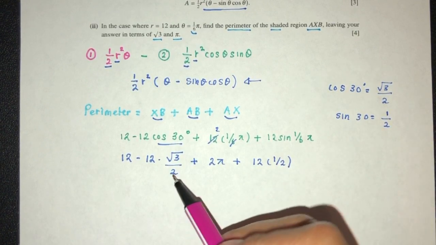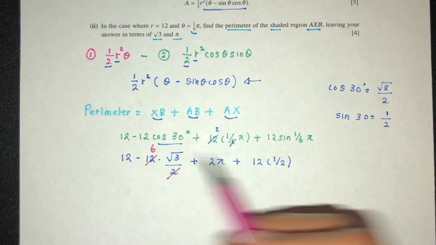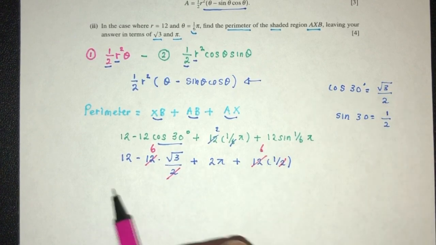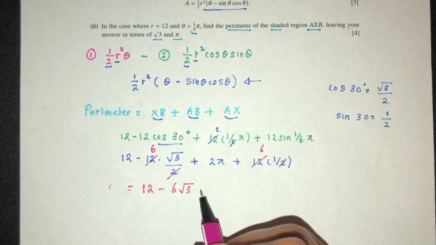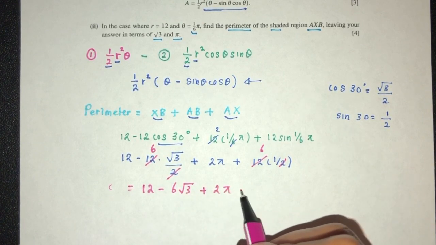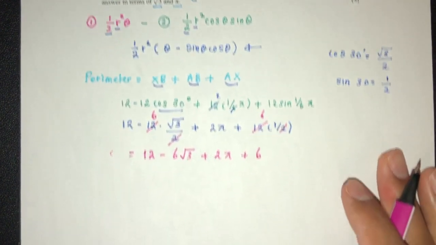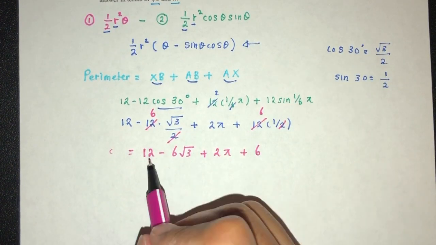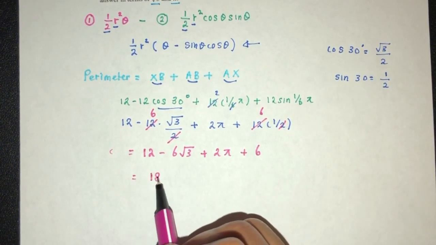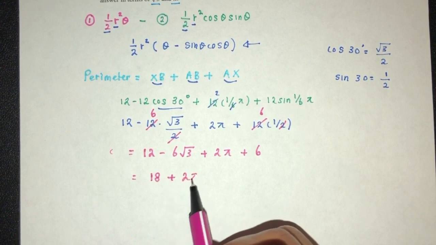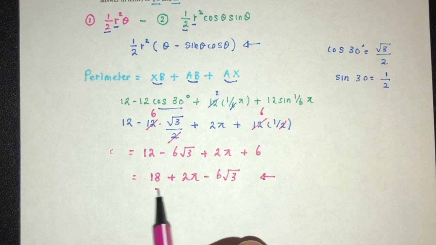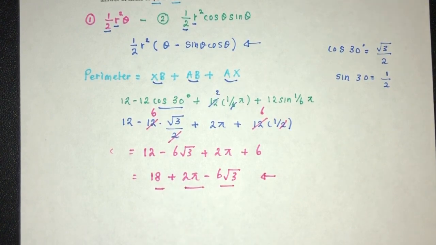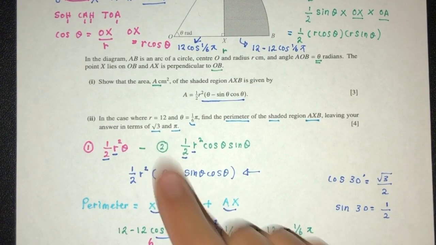So simplify, this will cancel out with this. You'll have 12 minus 6 root 3 plus 2 pi and plus 6. So simplify, this plus this will be 18 plus 2 pi minus 6 root 3. And this will be your answer, or the exact value for your perimeter in terms of root 3 and pi.